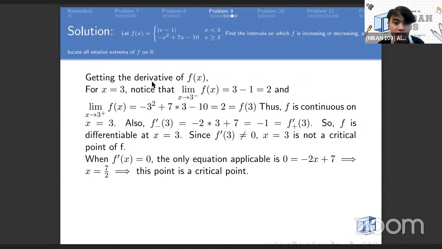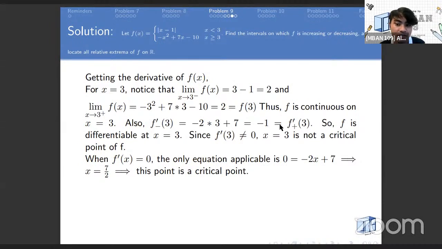For x equals 3 naman, the limit of f of x as x approaches 3 from the left is equal lang siya sa 2. And yung limit naman from the right, yung negative 3 squared plus 7 times 3 minus 10, equal lang din sa 2. Thus, f is continuous at x equals 3. Also, yung f prime ng 3 from the left is equal lang din sa f prime ng 3 from the right.